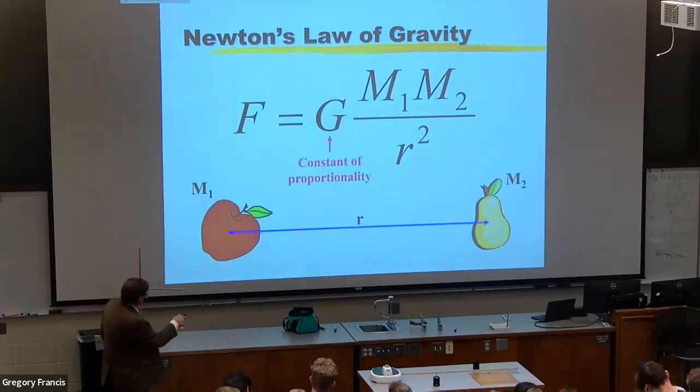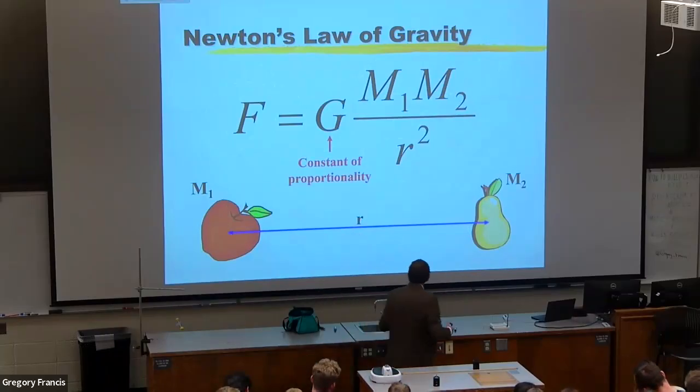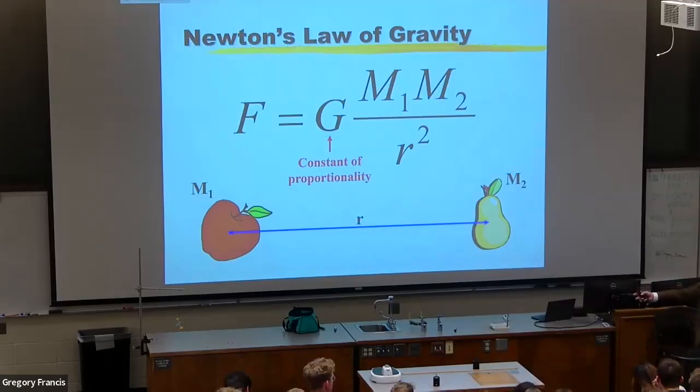Now, this capital G is a constant. We call it the gravitational constant. And by constant, I mean it's the same throughout all time and throughout all the universe. So how do we find that constant? Well, in theory, it's pretty easy.